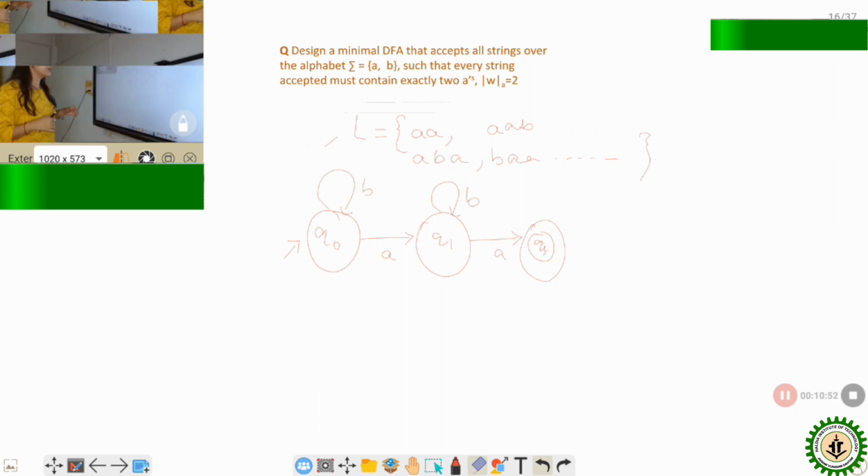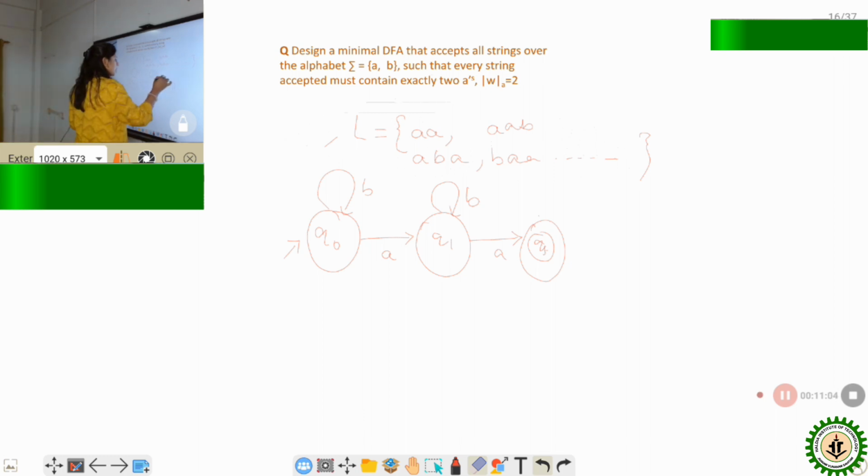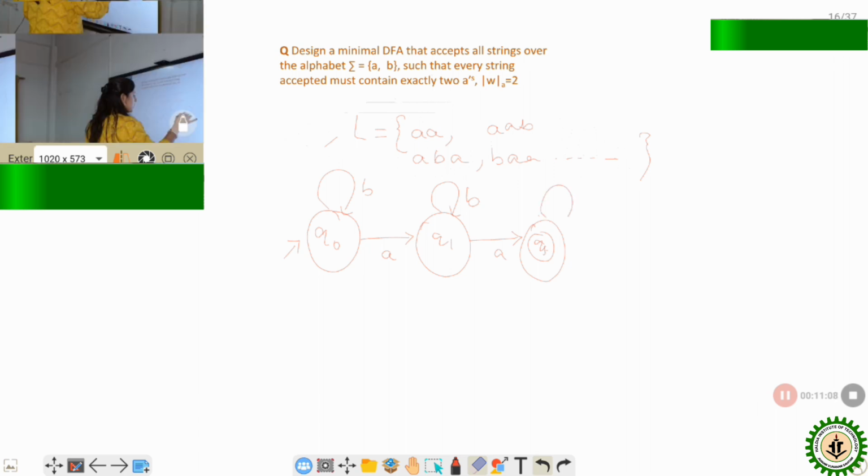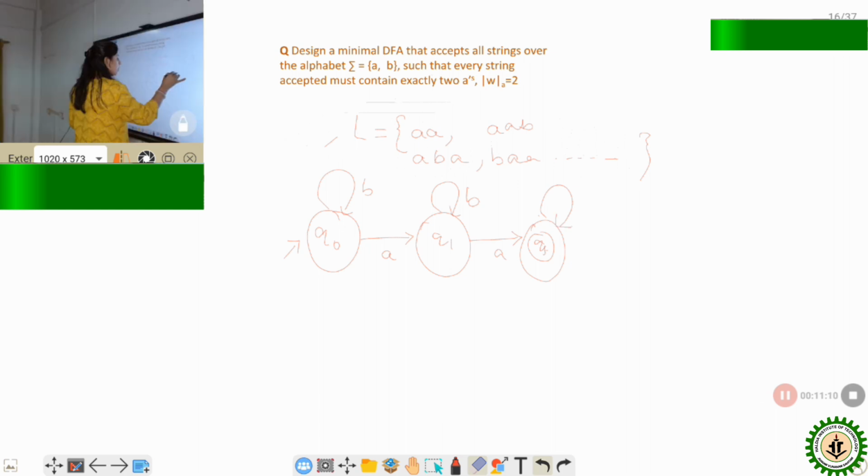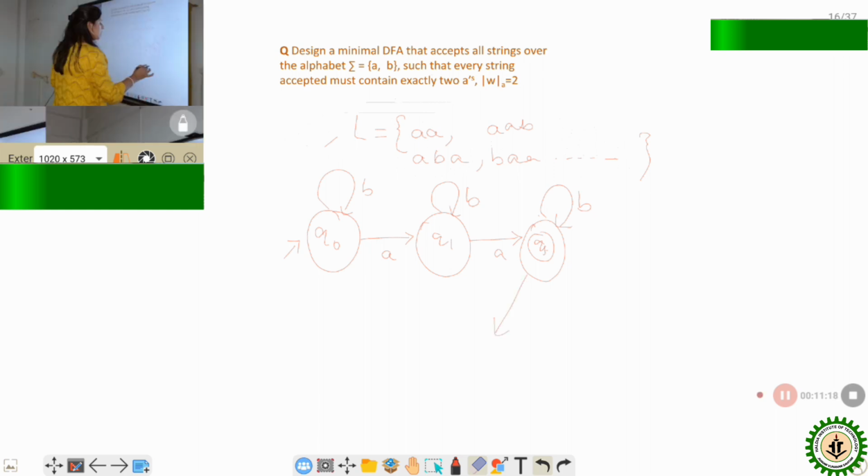Also, wherever we want, we can put A, but we must contain exactly 2 A's. So we have applied A and B on Q1, and if we apply B on Q2, there is no problem. But if we apply A on a final state, it will go to the dead state.